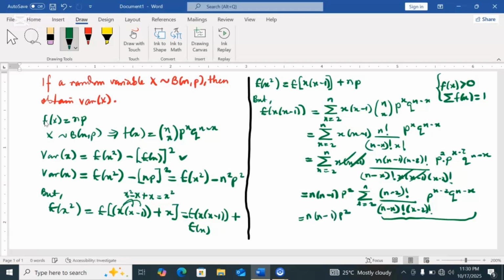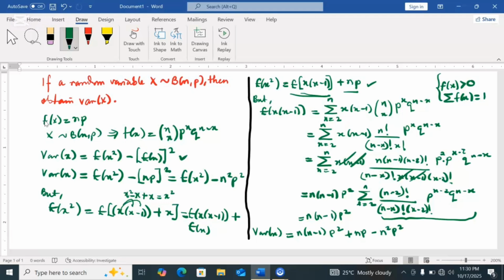Okay, so the next thing we will do will be to incorporate our results into the variance of x. So variance of x now becomes expectation of x squared, which is now n times n minus 1 times p squared plus np. So this is expectation of x squared, take note, and we've gotten this, okay? So it's n times n minus 1 times p squared plus this np over here, then minus n squared p squared.